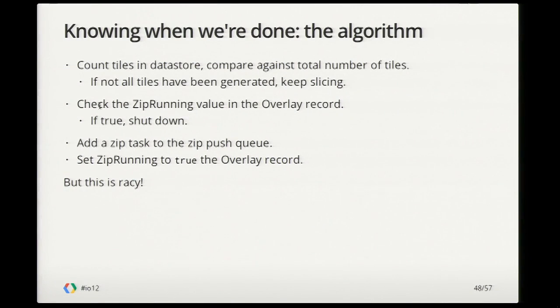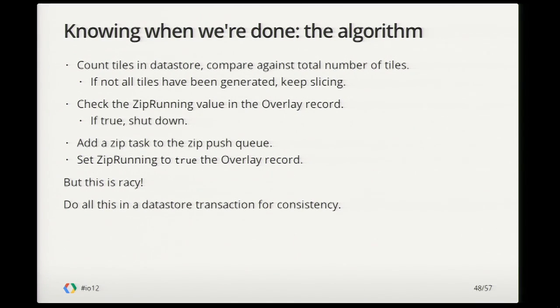So that is fairly straightforward, but it's racy. If we try to actually run this, there's a chance that two slice tasks could both compare the number of tiles and not see that there's a zip file running, but then create two zip files simultaneously. And so the solution to this is to just run it inside a data store transaction.